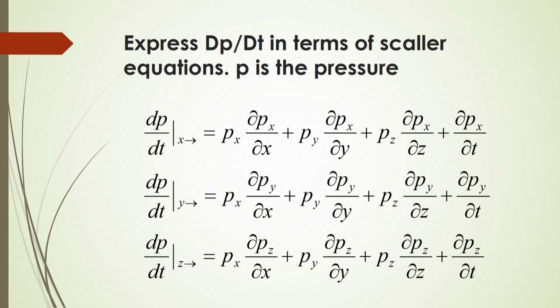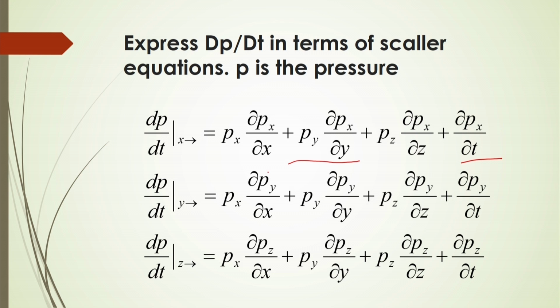Next, if we apply this substantial derivative to the pressure, what will that be? In the x direction the component should be Dp by Dt, which is equal to u ∂p/∂x plus v ∂p/∂y plus w ∂p/∂z plus ∂p/∂t. Here ∂p/∂x is the pressure gradient, the pressure per unit length in the x direction, how it will be changing.